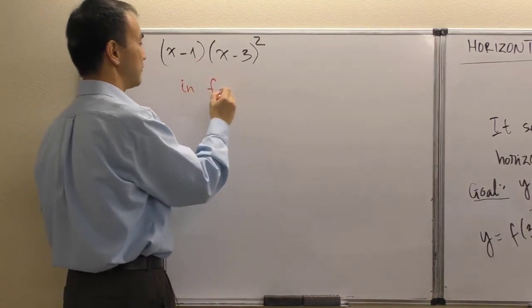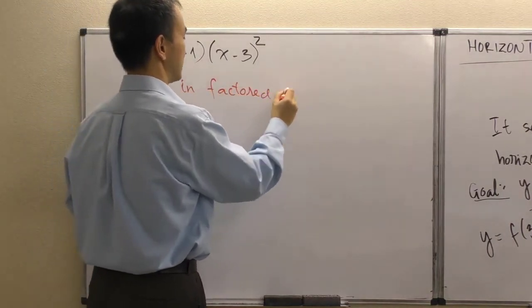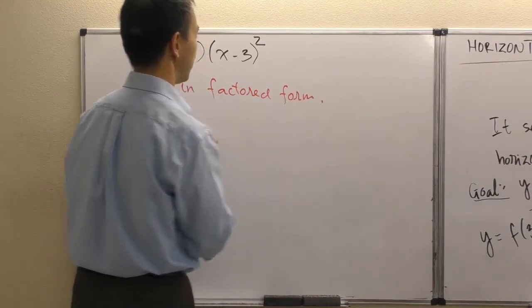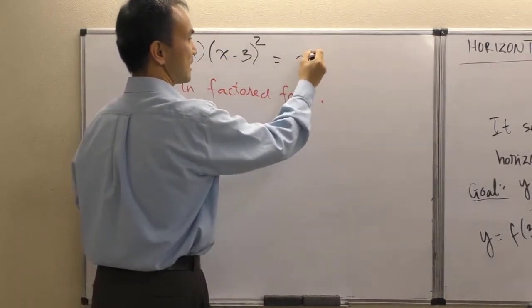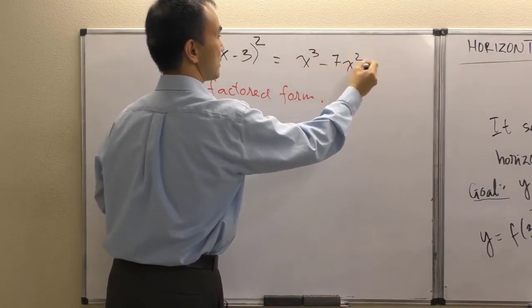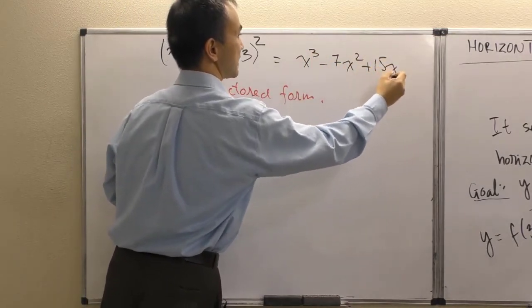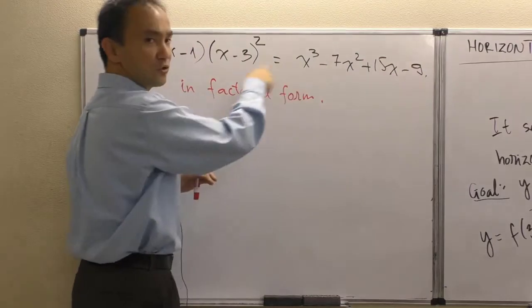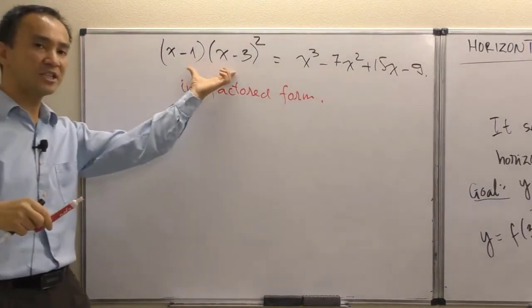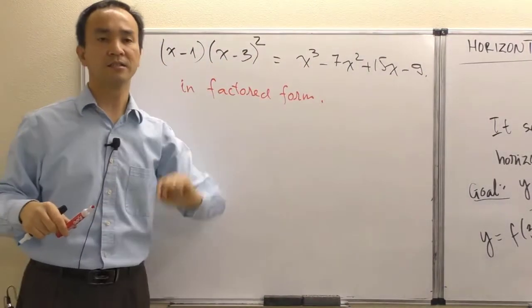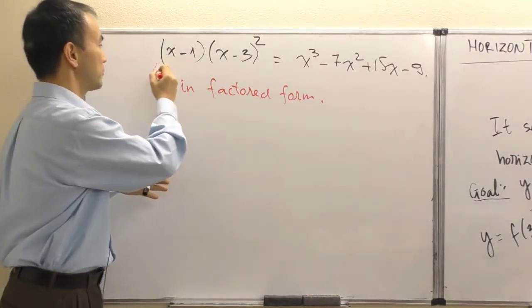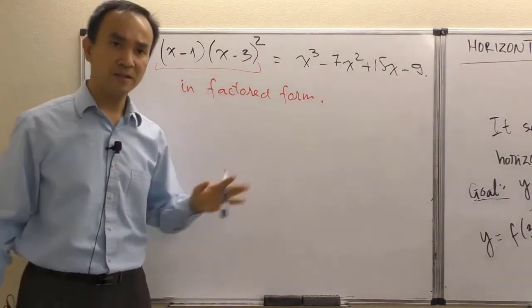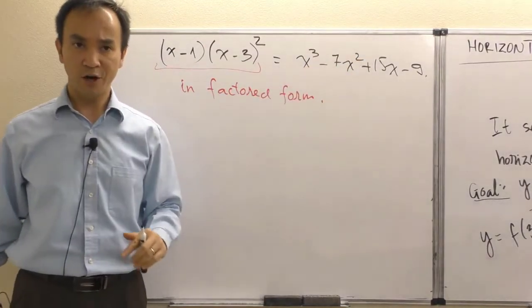And now you can verify that this really is x cubed minus 7x squared plus 15x minus 9. I want you to verify that by foiling these factors to get into the general form. But this right here is the factor form of our exact same polynomial.